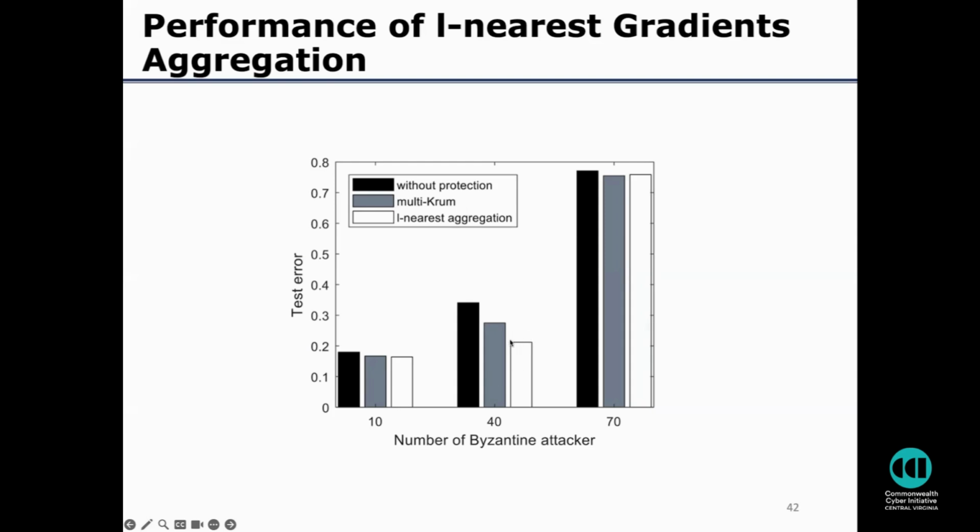If we increase the number of attackers, the test error also increases, but if the attackers are not the majority, the performance is still acceptable. But if the attackers are the majority, you can see here the test error is very, very high.